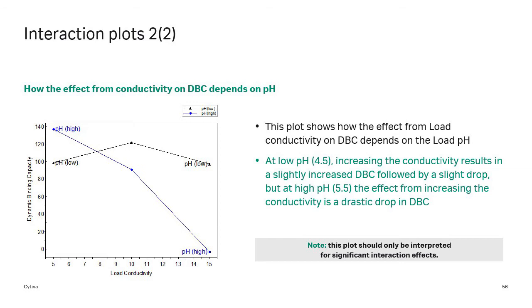So starting from a low conductivity, we really have the highest capacities, and then the more competing charge we introduce, the lower the binding capacity is going to be, which is totally as would be expected for any cation exchanger. However, if the pH is low, you see that the lowest conductivity isn't actually the highest binding capacity, but we actually have an increase to some kind of maximum here, and then it drops off as would be expected again. So that's the interaction tools.